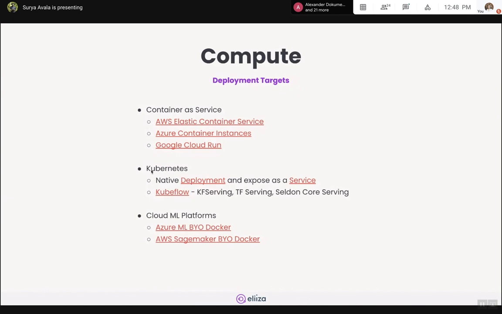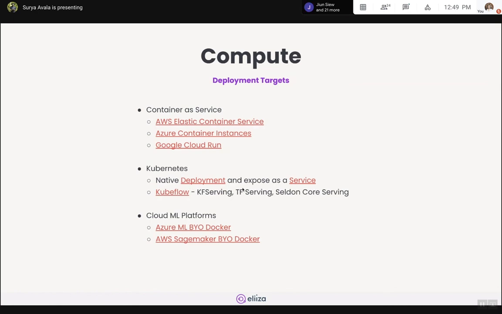And we could obviously, if we have a Kube cluster in our organization, that's probably the recommended way of deploying these Docker containers or model servers. So on Kubernetes, we could deploy them as a native Kubernetes deployment.